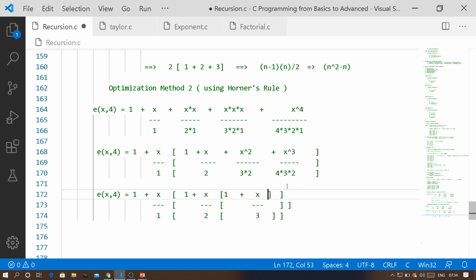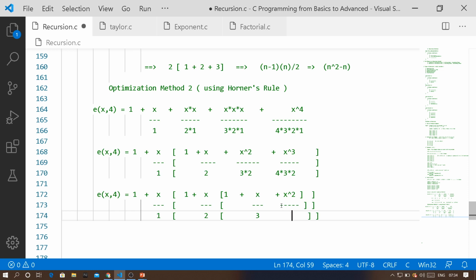Okay, fine. Now what is going to be the next term? Next term is x cube, and so plus x. When you take x outside from x cube, what will it be? x square divided by, look at the denominator. What is the denominator? Denominator is 4 multiplied by 3 multiplied by 2.